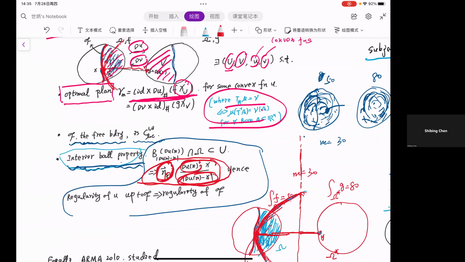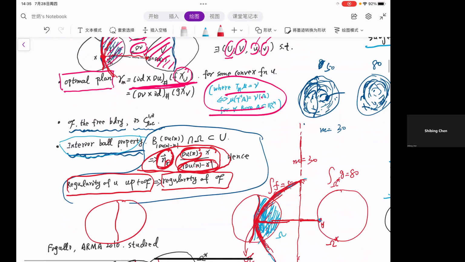So basically, to study the regularity of the free boundary, you only need to study the regularity of u. But we should be careful: for example, if we want to study the regularity near the origin, the important thing is we need to study the regularity of u up to this free boundary.